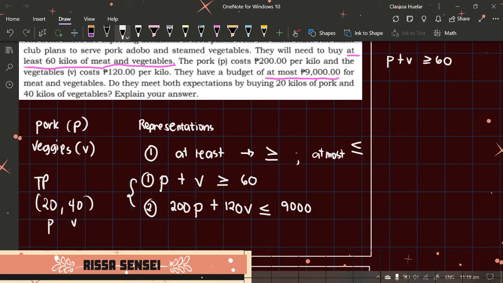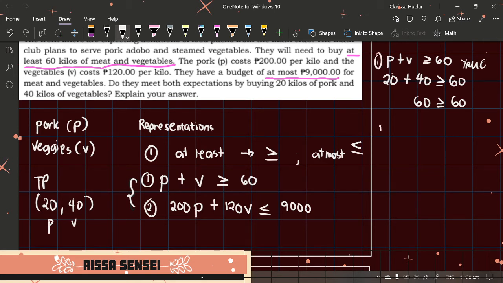So, kung 20 yung sa pork, tapos 40 yung sa vegetables, 60 greater than or equal to 60, this is true. Kasi meron tayong equal. Meaning, 20, 40 satisfies the first inequality. Okay? So, na-meet niya yung expectation doon sa first inequality.